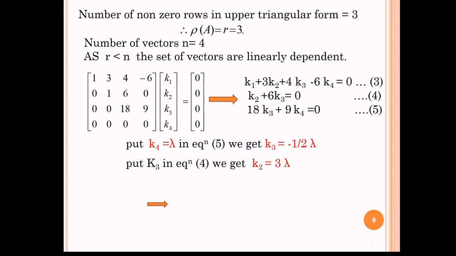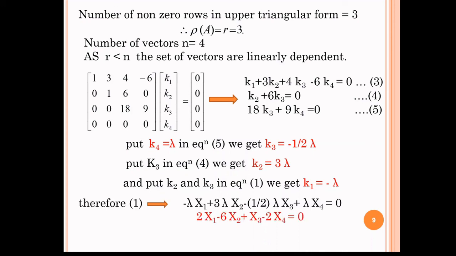Then substituting this value of k3 as minus 1 by 2 lambda in equation 4, it gives you k2 as 3 times lambda. Again substituting k2 and k3 in the third equation, we get the value of k1 as minus lambda.